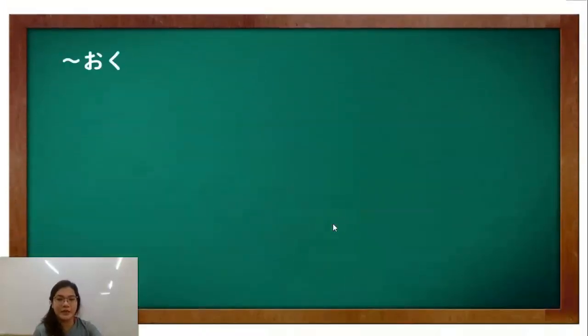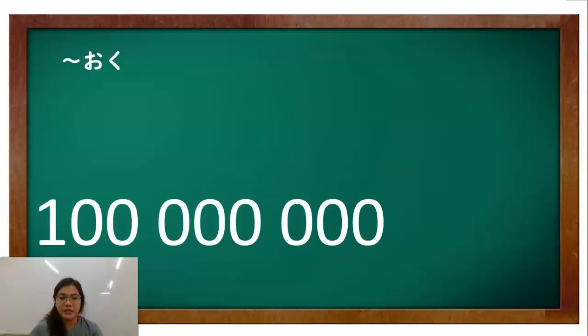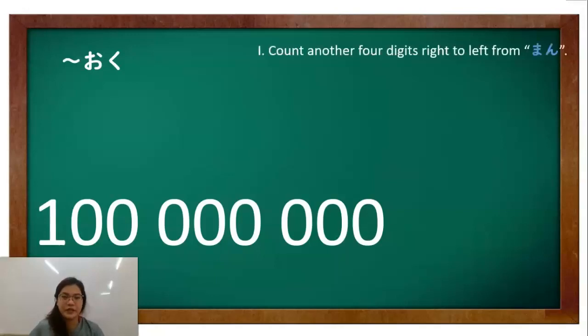Okay, next up is oku, the word oku. So this is the figure of oku. Next is, count another 4 digits from right to left from man. So to make an oku, you need to count another 4 digits from right to left from man. So first, let's make man. 1, 2, 3, 4, and that would be the man line.